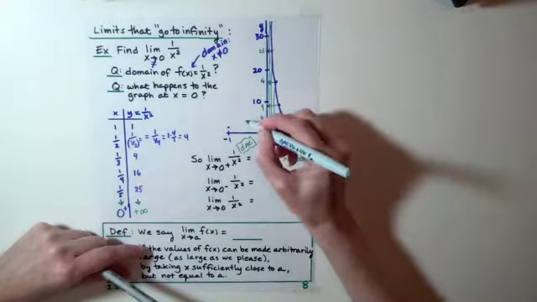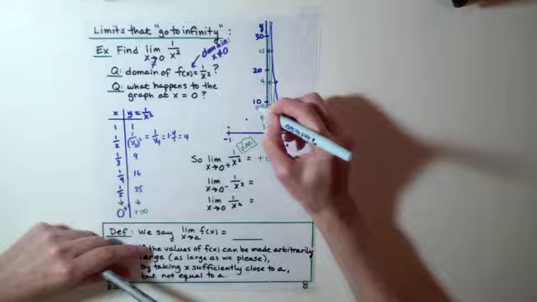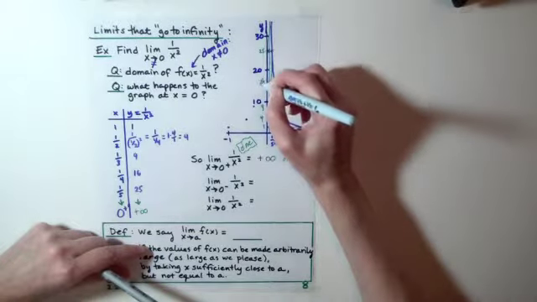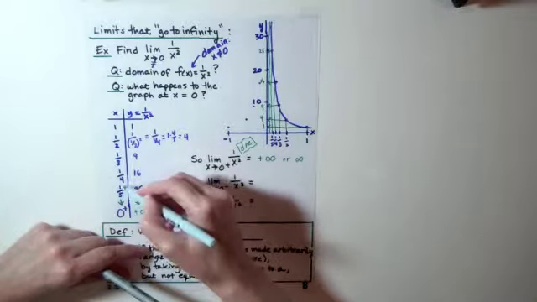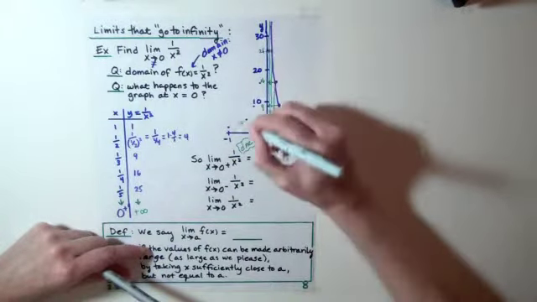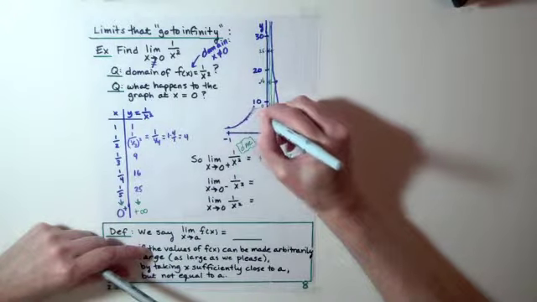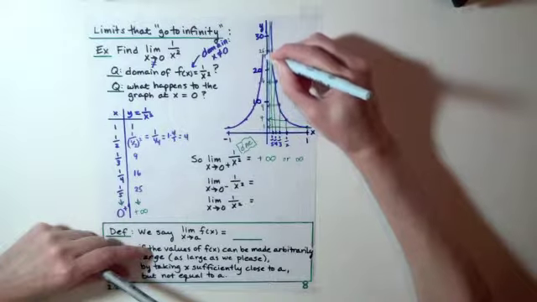It's an even function. So if we were to graph this for negative values, -1, -1/2, -1/3, -1/4, -1/5, things getting closer and closer to 0 from the left, you would end up with another half of the graph which looks just like the right half.